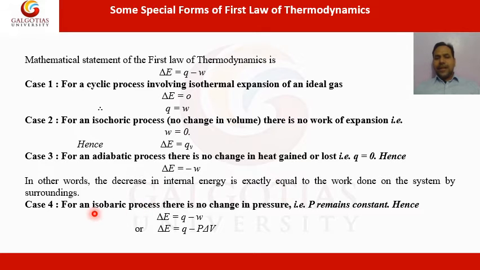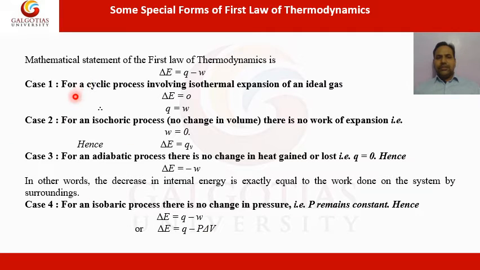Another case is an isobaric process, meaning there is no change in pressure, that is P remains constant, and hence delta E is equal to Q minus W. So delta E is equal to Q minus P delta V, where P is the pressure and delta V is the change in volume.